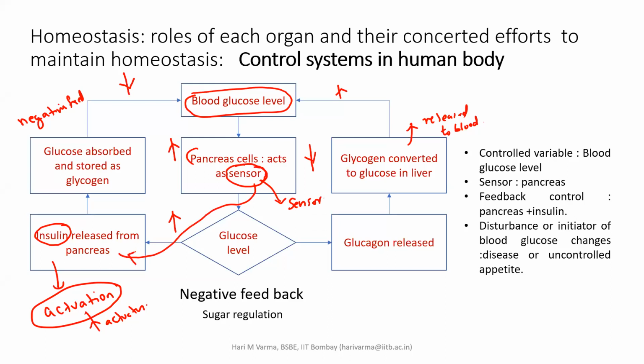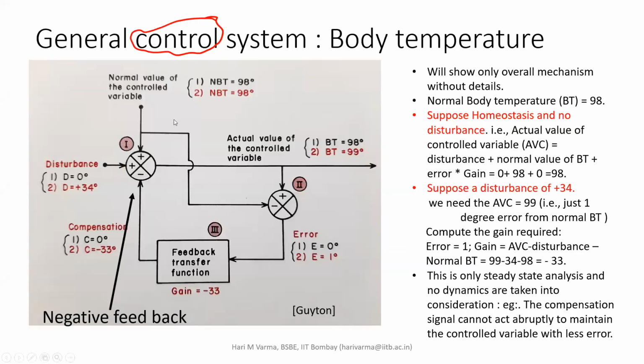Insulin is released from the pancreas, so it's like an actuation system in engineering systems. I'm certain you will encounter these terms at some point in your courses; at that time, try to relate them to the body mechanisms. Sensors will actuate it so that insulin is released, and then this correction mechanism happens. In that way, you can view this particular problem.